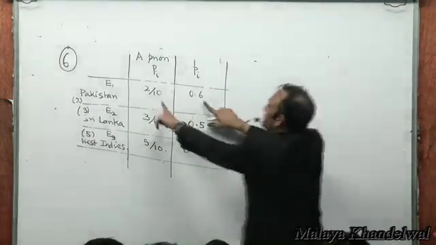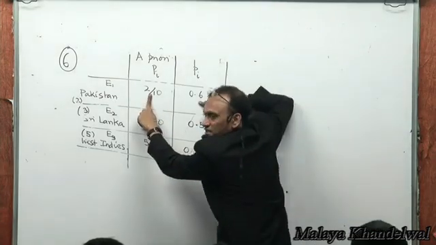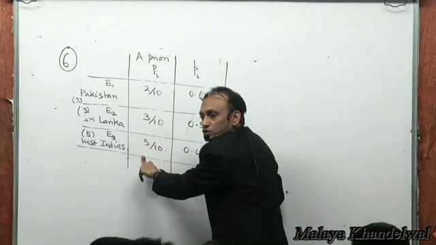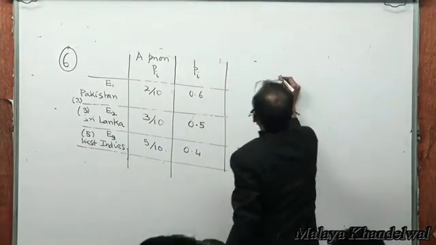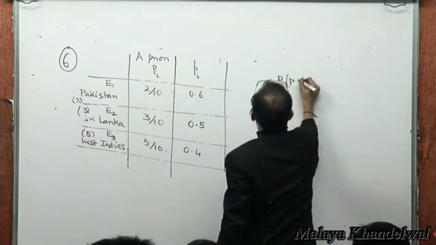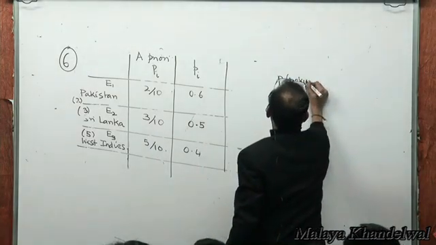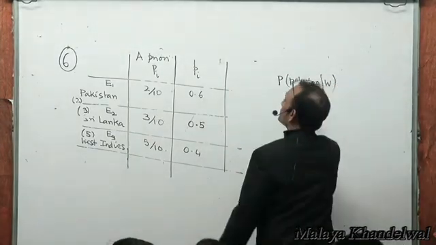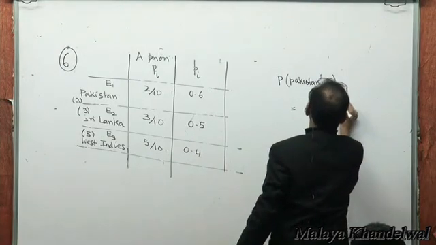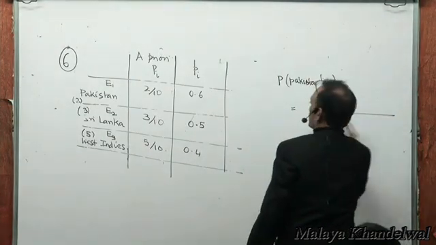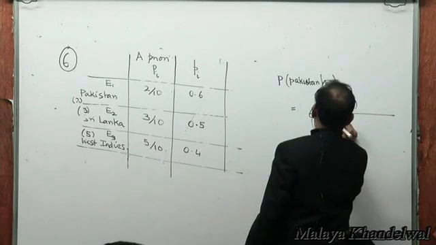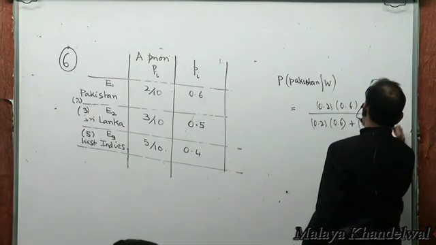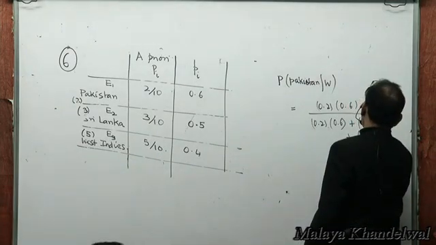Very clearly, I look at this. So it will be like this into this, divided by this into this, plus this into this, plus this into this. Right? Probability that Pakistan is the cause, given that we have won, is going to be 0.2 into 0.6 divided by 0.2 into 0.6, plus 0.3 into 0.5, plus 0.5 into 0.4.